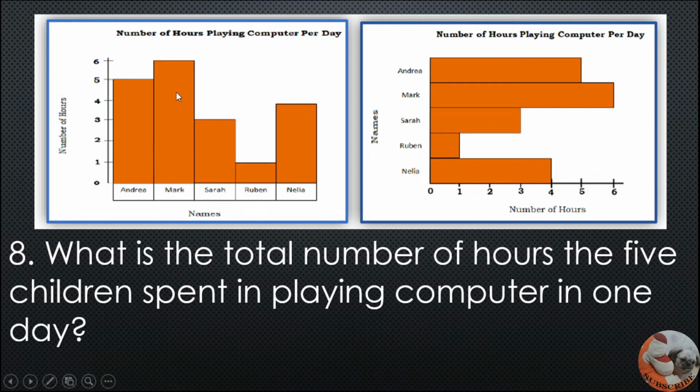Mark spent 6 hours in playing computer. Sarah spent 3 hours in playing computer. Ruben spent 1 hour in playing computer. And Nelia spent 4 hours in playing computer.